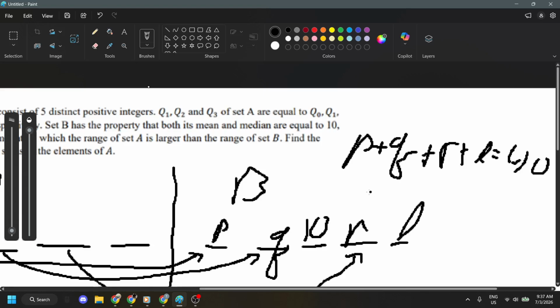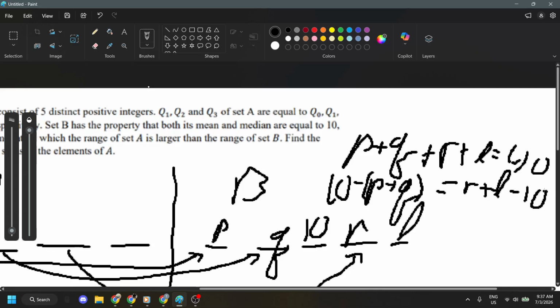But we also know that 10 minus P plus Q has to be equal to R plus L minus 10. Because this will deviate from 10 by however much.